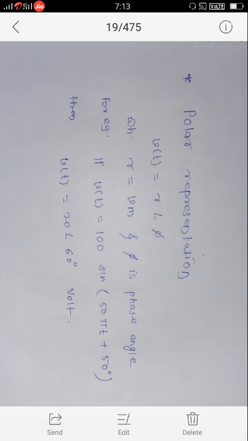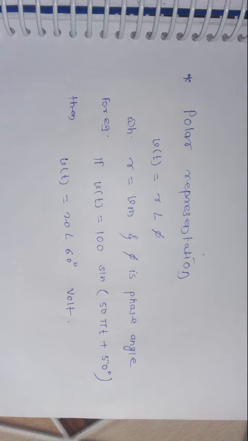For example, you will understand very well. If phi of t is equal to 100 sin 50 pi t plus 50 degree, this is the mathematical equation of a voltage.